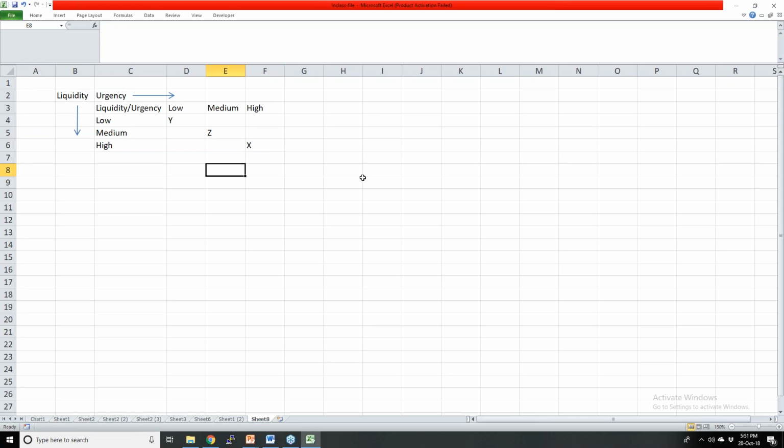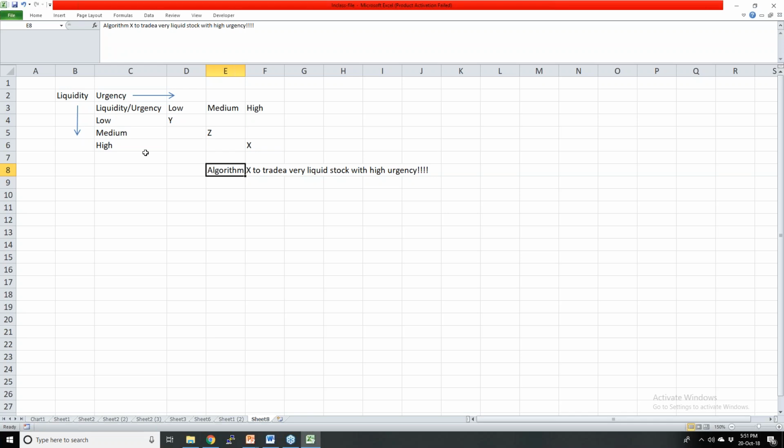So you will use algorithm X to trade a very liquid stock with high urgency, right? So you will have different logics for different conditions, right? And this is what people do, right?